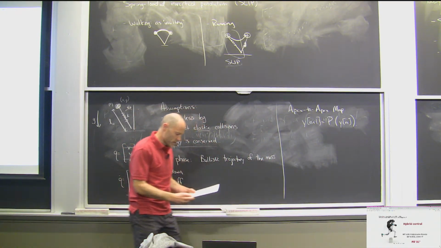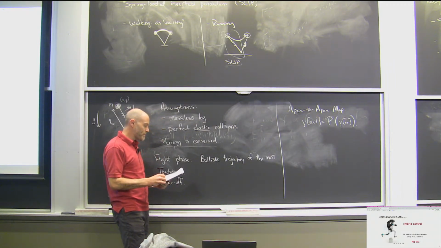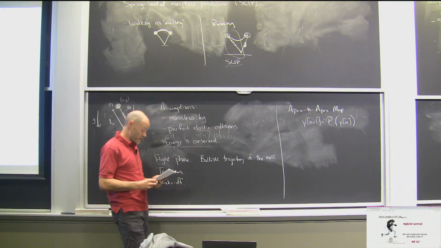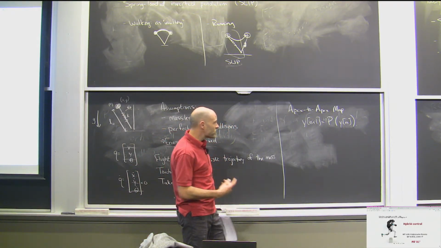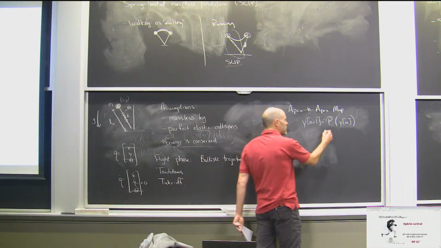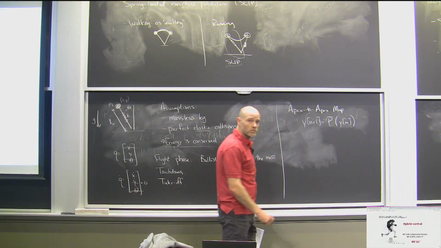So this is the step-to-step apex to apex map for the spring-loaded inverted pendulum. Okay, this time I can't actually integrate it in closed form, right?